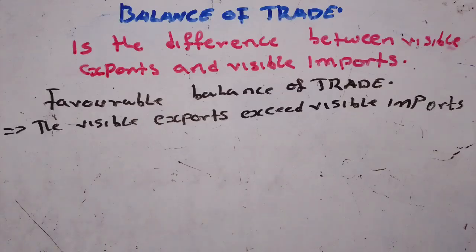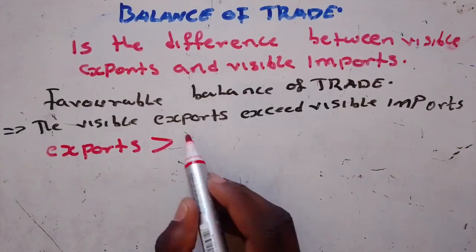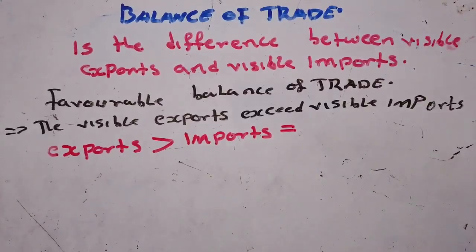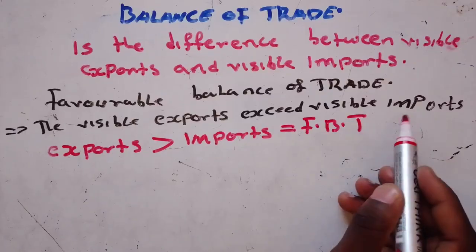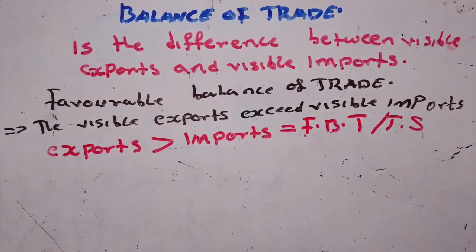First of all, on balance of trade, we said that when exports exceed imports, this is equal to trade surplus or favorable balance of trade. I've written this in case you forget.